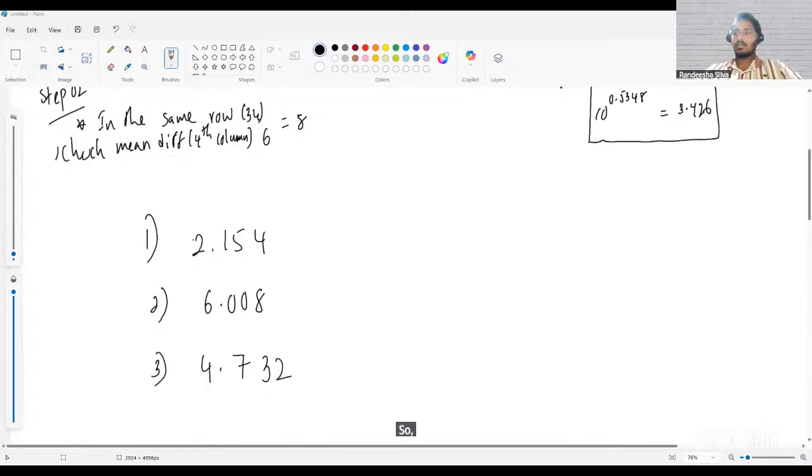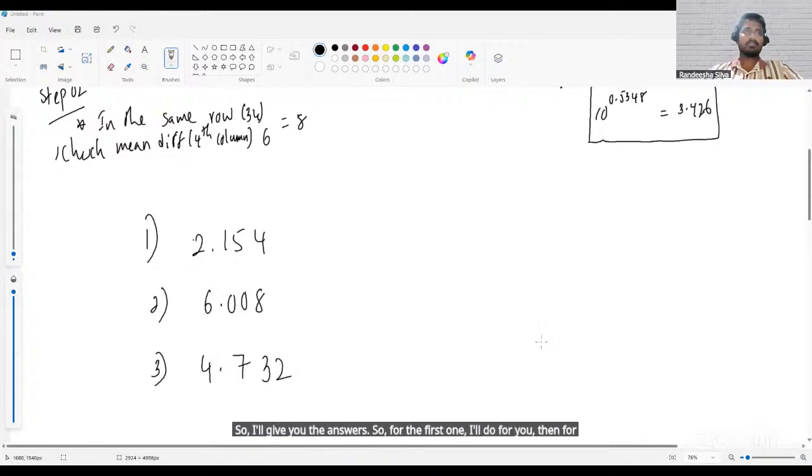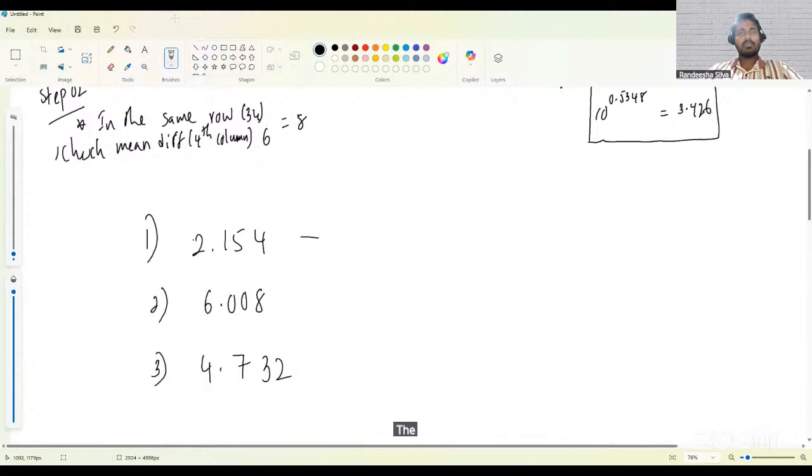I'll give you the answers. For the first one, I'll do it for you. For the other two, I'll give you the answers. The best way is this: 10 to the power 0.3332 equals 2.154.